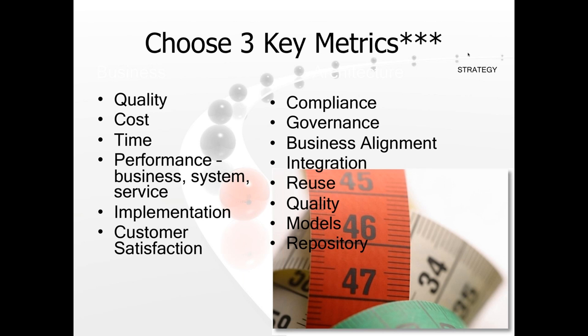So choose 3 of these things that are on this slide, and really focus on setting yourself up to collect metrics. How are you doing today? Set a baseline, and then what are you going to do 3 months from now, 6 months from now, so that whenever somebody asks you, you can say, we used to behave like this, or our performance used to be this, and now it is this.